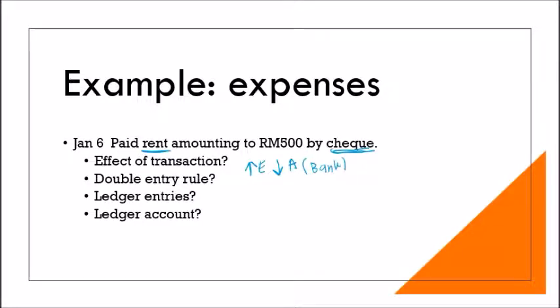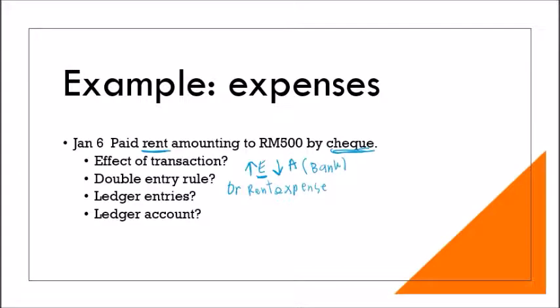So what are the double entries? First we start with the debit. Which account is on the debit side? The expense. Okay, so since expense increases on the debit side, remember ADE, the E one is on the left side. So you don't just write expense, you need to write what expense? We need to know, so it's the rent expense.